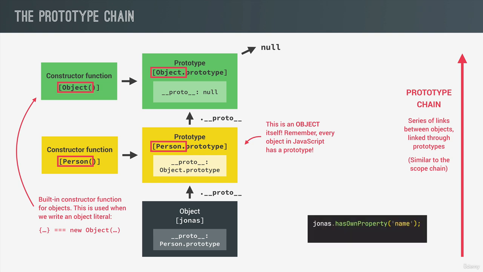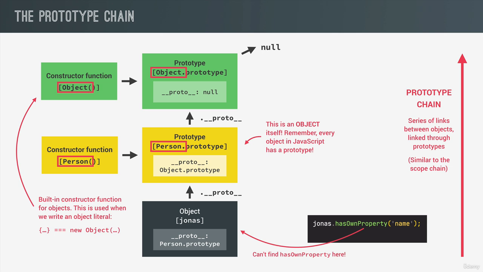To do that, we call the hasOwnProperty method on the Jonas object. So just like in the previous slide, JavaScript is going to start by trying to find the called method on the object itself. But of course, it can't find the hasOwnProperty method on Jonas. So according to how the prototype chain works, it will then look into its prototype, which is person.prototype.